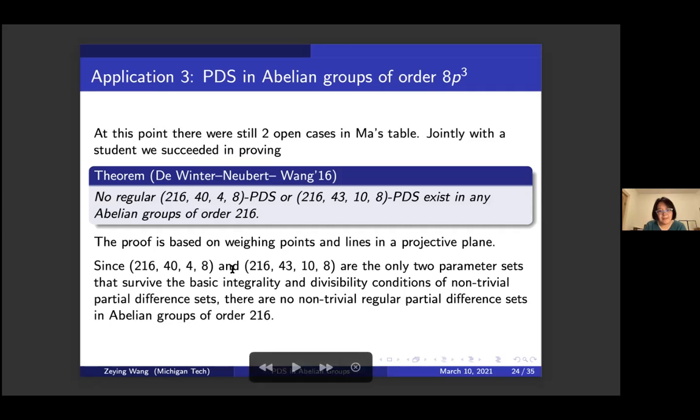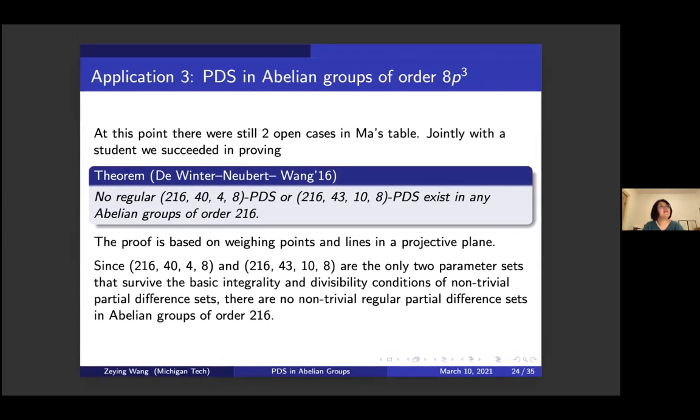And then, based on the 6 cases, we look at 4p squared. So this one is special. This is 2 to the 3rd times 3 to the 3rd. So we're thinking, how about 8p to the 3rd, right? And it turns out this case is very different.